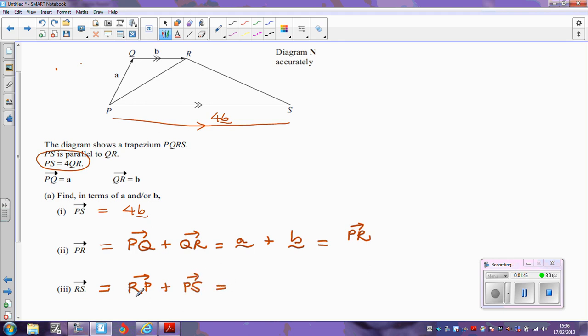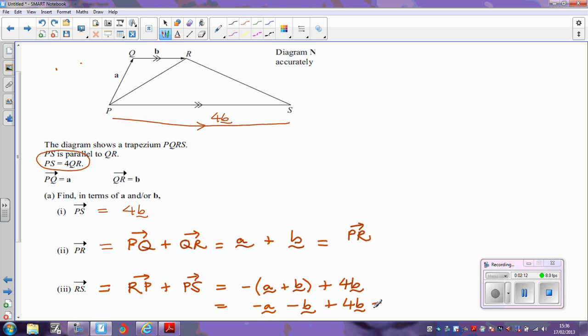So if I'm going to go from R to P, well, I already know that PR is A plus B, so RP must be just the reverse of that, in other words, the minus version of A plus B. Let's worry about that in a minute. And then I'm going to add PS, which is 4B.